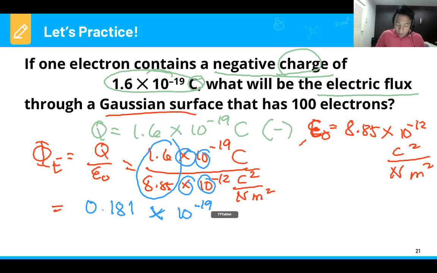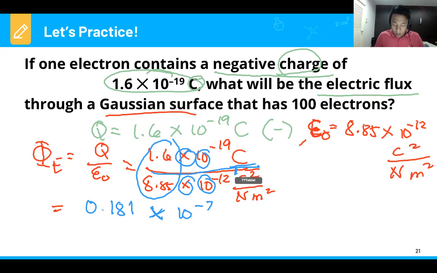Since division, we need to subtract negative 12. So what is negative 19 minus negative 12? Of course, this will become plus. So negative 19 plus 12 is negative 7. Correct? Okay, how about the units?